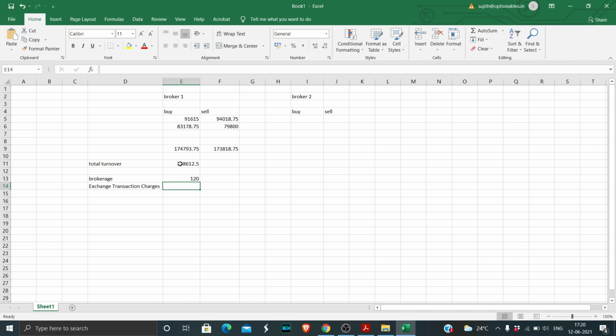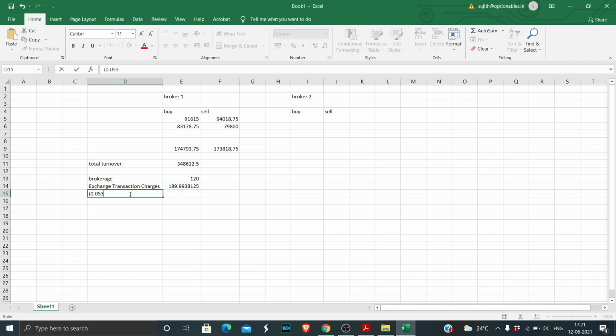Let us see how it is calculated: it is equal to this into 0.545 by 100, since it is a percent. I hope you got how we calculate the exchange transaction charge. It is basically supposed to be 0.053. I'll just show it to you.